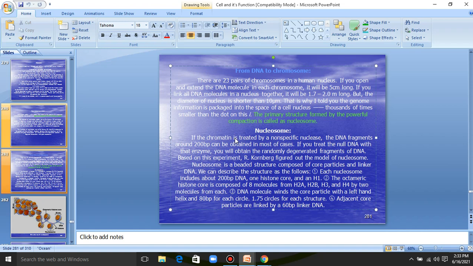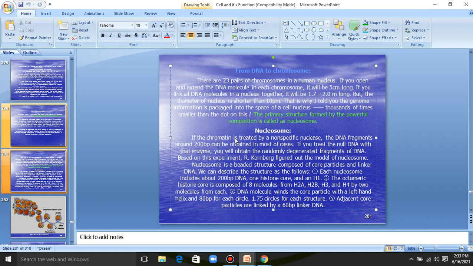But the diameter of the nucleus is shorter than 10 micrometers. Remember, the entire nucleus is about 10 micrometers in diameter. Inside this, there is nucleoplasm, there is nucleolus, and these chromosomes which are about 1.7 to 2 meters long.